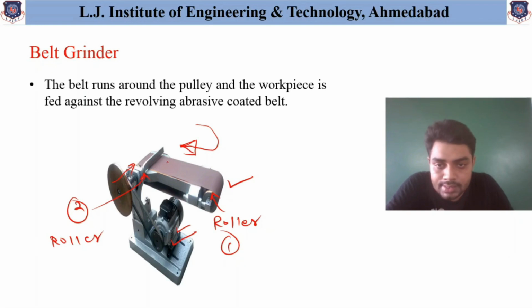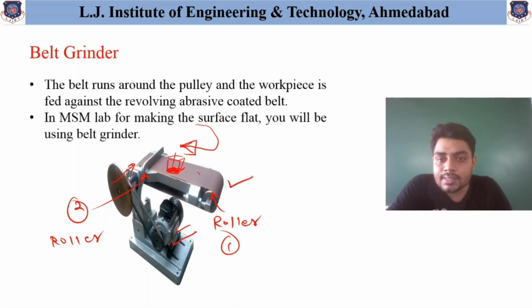The workpiece is held by hand over here, and the bottom surface, this particular surface, is machined on this abrasive. As it's rotating, it creates friction against the workpiece and removes the corroded surface from the workpiece. And during practicals in the MSM lab, for making a flat surface component, you will be using this belt grinder machine.